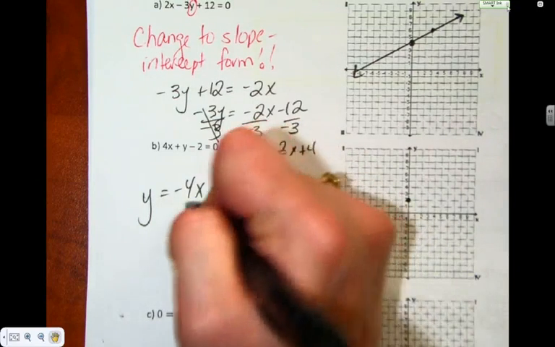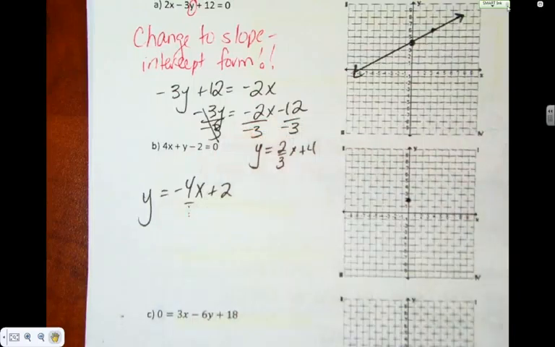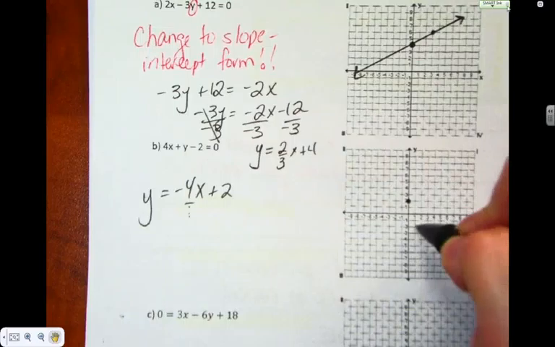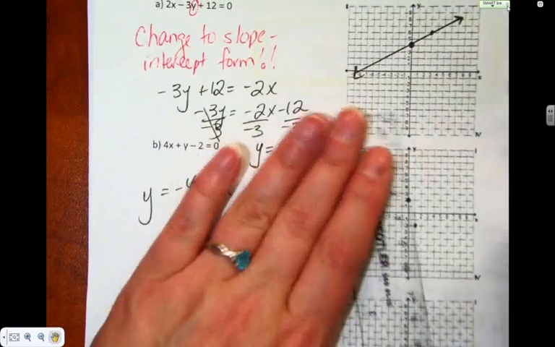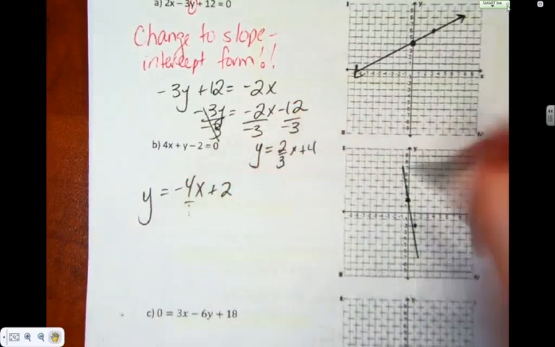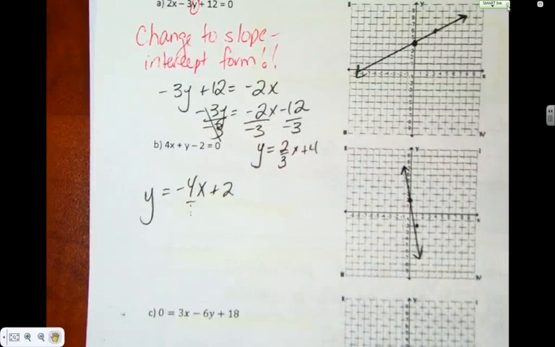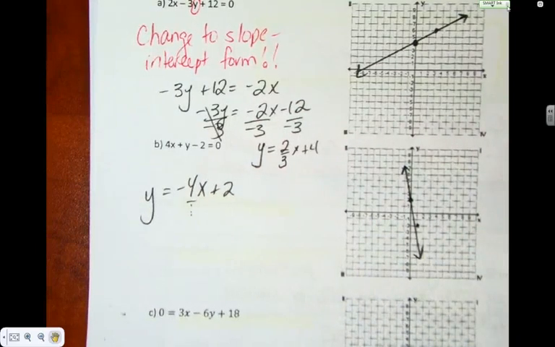So I'm going to count 4 units down and 1 over. Is this any harder than what you've done in the previous part of the unit? No, the equations just happen to be in standard form.